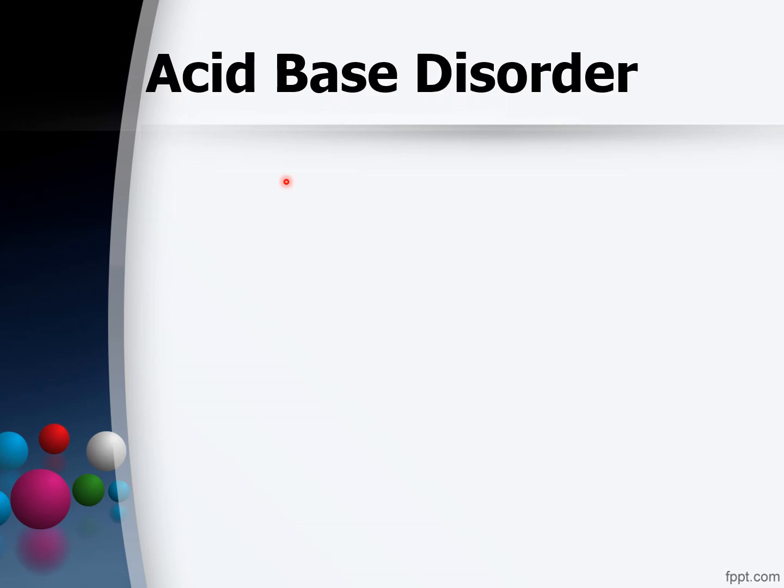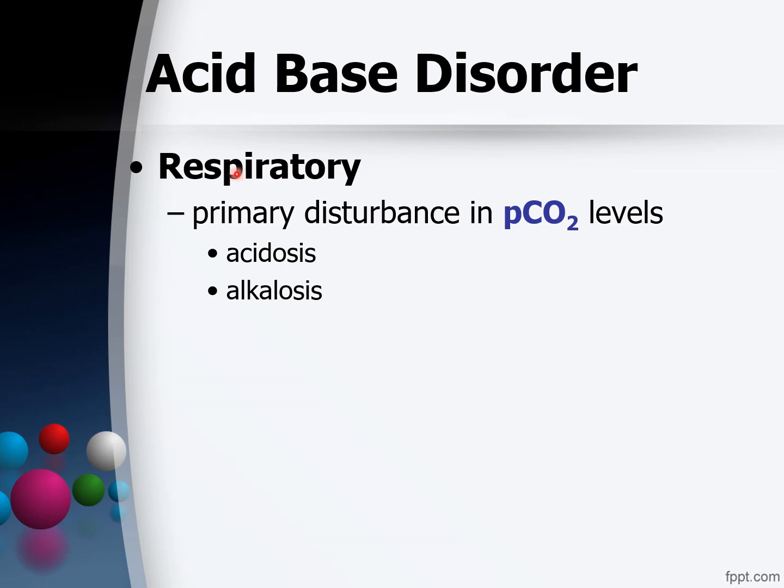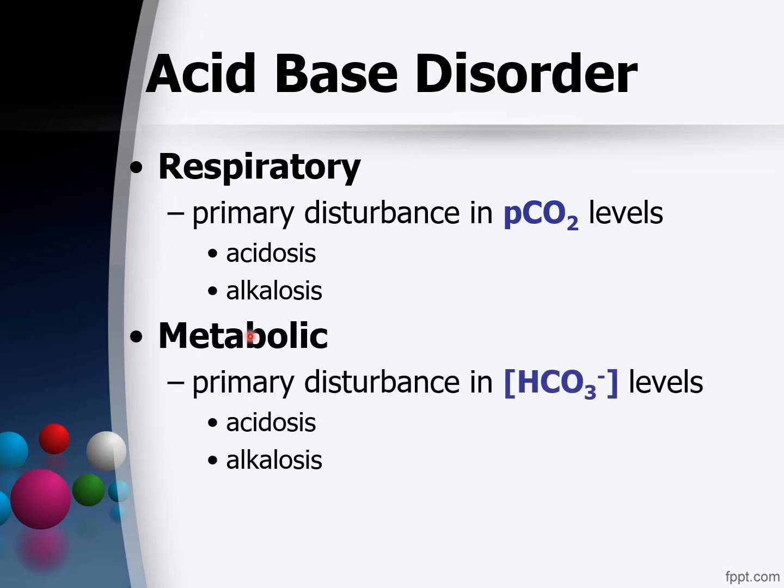The acid-base disorder can be respiratory or metabolic in origin. When we say respiratory, the primary disturbance is in the lungs, particularly in the partial pressure of carbon dioxide levels. It can be respiratory acidosis or alkalosis. When the abnormality is on the kidney, we have a metabolic type, and the primary disturbance is in the bicarbonate levels.